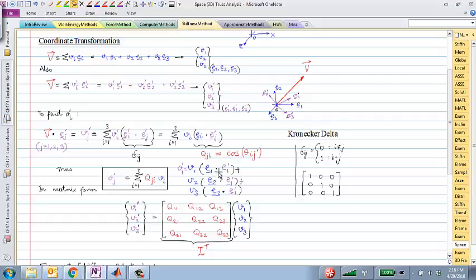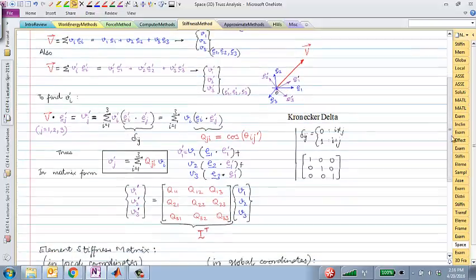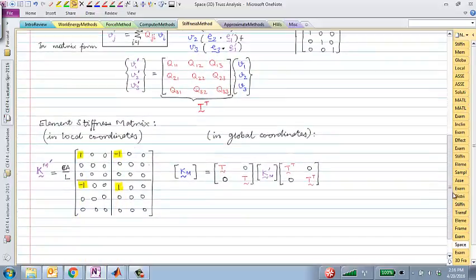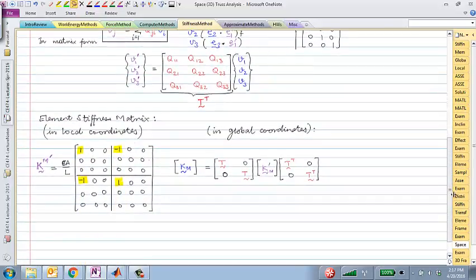So these numbers, I will store them in a matrix, which happens to be the transformation matrix in 3D, which we can very systematically calculate by taking cosines between all possible pairs of these unit vectors, and then using that transformation matrix, I can conduct all the rest of my calculations in exactly the same way that we did for the two-dimensional trusses.